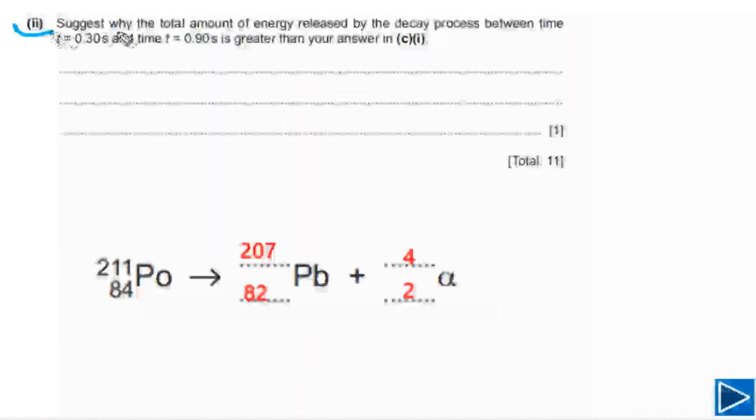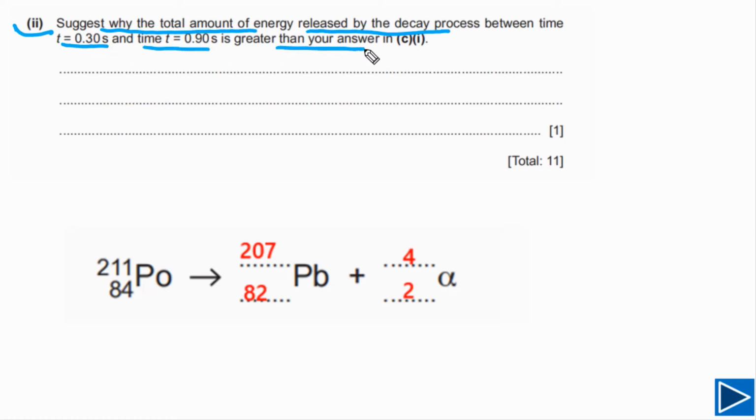For the second part, we need to suggest why the total amount of energy released by the decay process between t equal to 0.3 second and t equal to 0.9 second is greater than the answer in C1. So it simply means that the total energy released is greater than the energy of the alpha particles. We need to explain where the extra energy has gone.